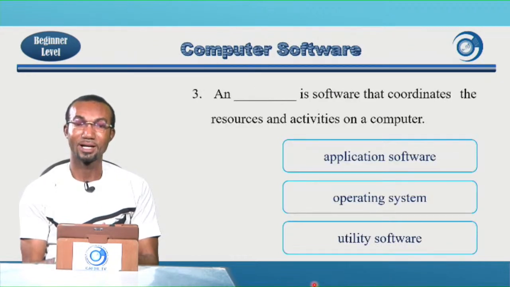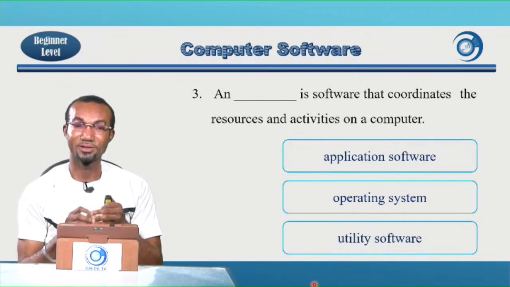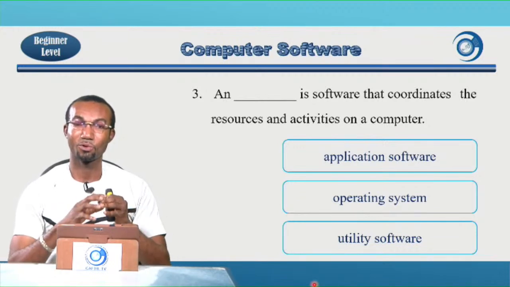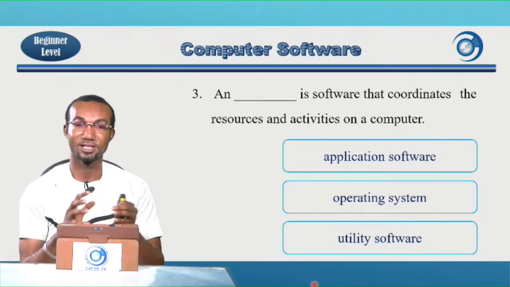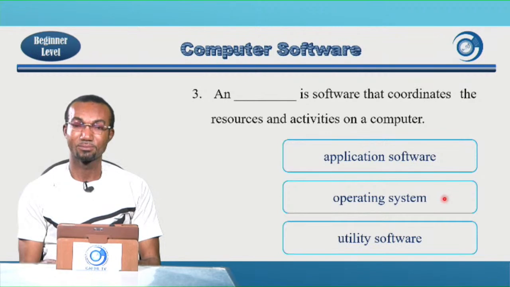3. Dash is software that coordinates the resources and activities on a computer. So which software coordinates the resources and activities on a computer? We have application software, we have operating system, and then we have utility.